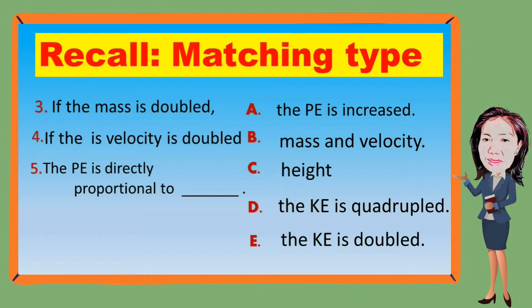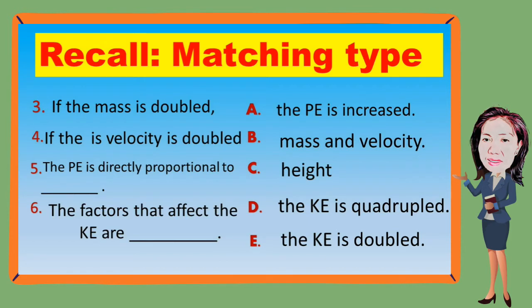The greater the height, the greater the potential energy. Okay, number 6. The factors that affect the kinetic energy are blank. Very good. Letter B. So the two factors that affect the kinetic energy are mass and velocity.